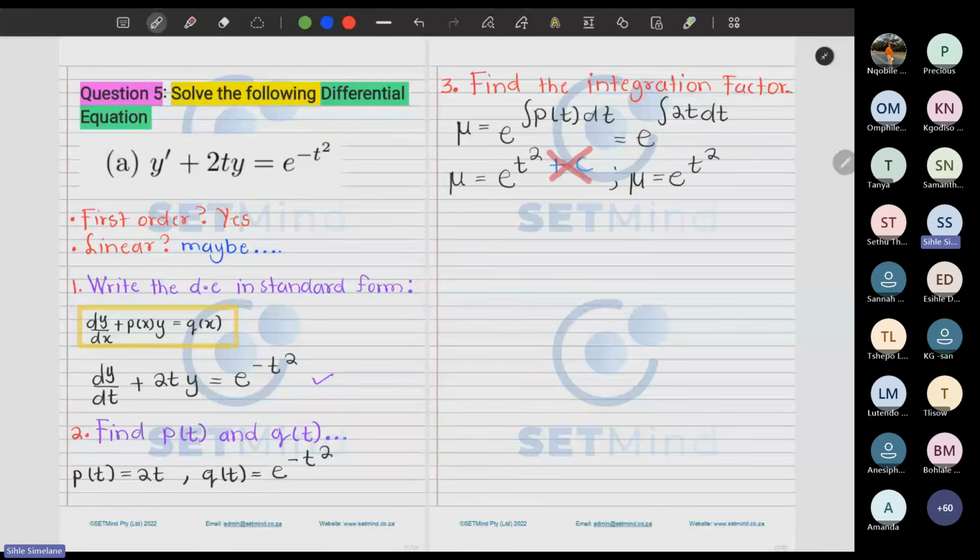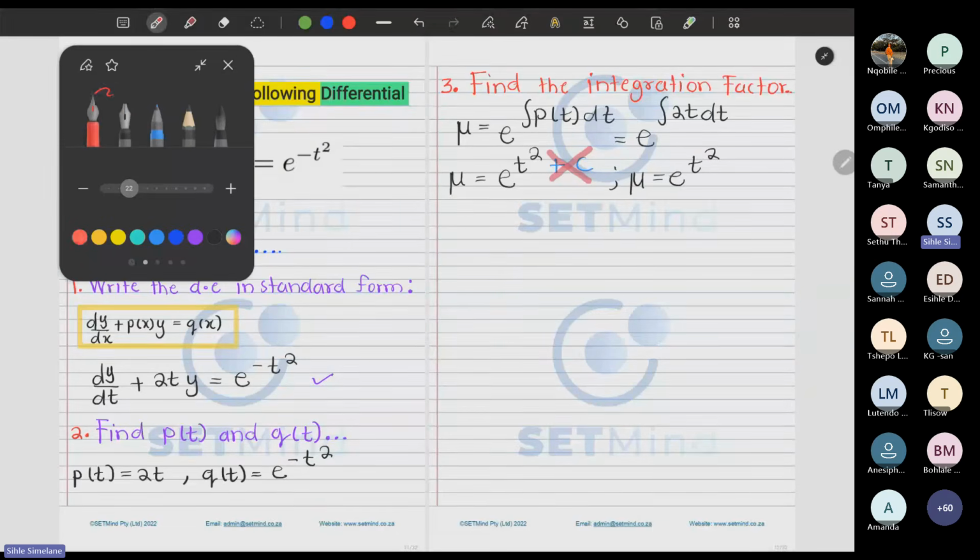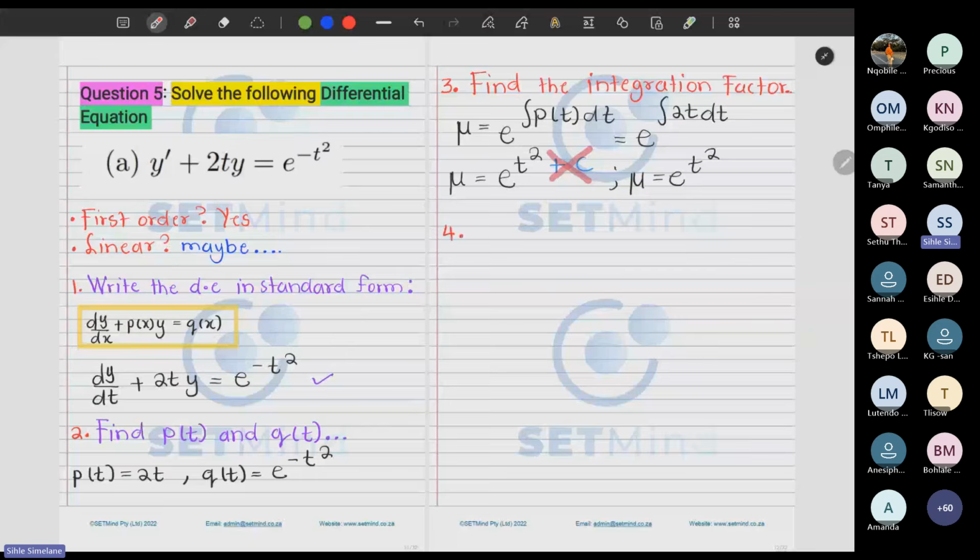Then once we find this integration factor of ours, we are ready to go and solve for y. This speaks to answering the question which we are given. And I told you previously that your y is simply given by the integral of the integration factor times q of t dt divided by our integration factor.